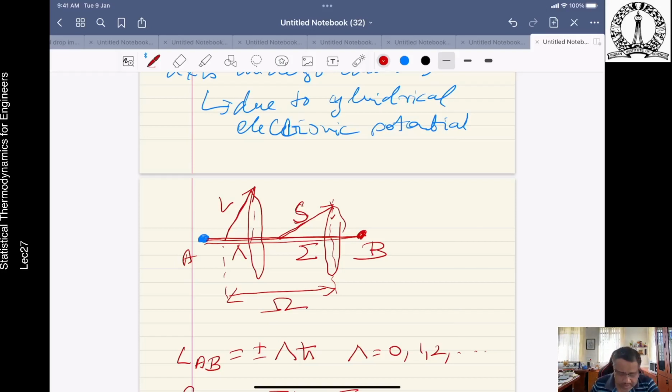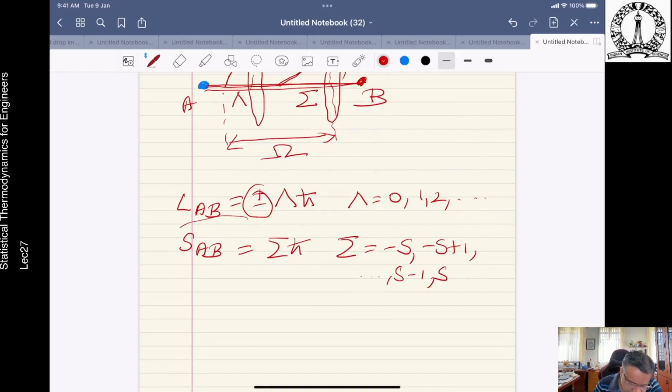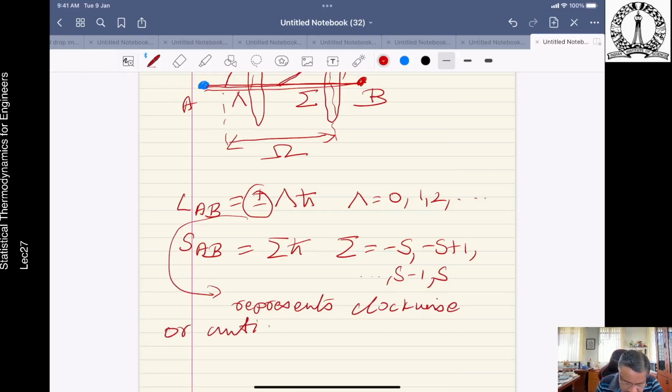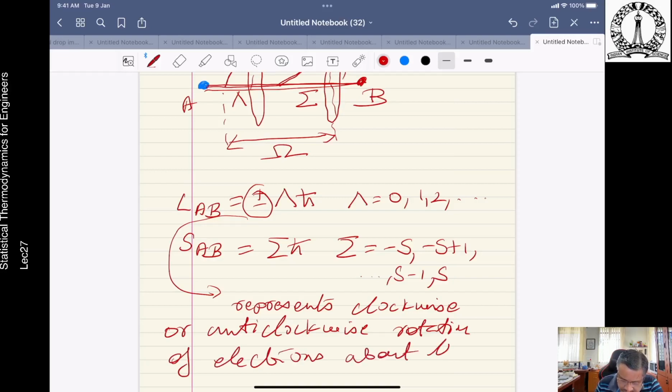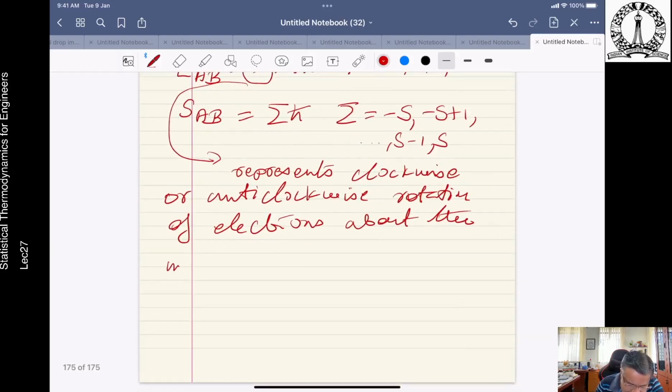All right. So the plus minus term that you see over here represents clockwise or anti-clockwise rotation or circulation of electrons about the internuclear axis, not present in the case of spin.